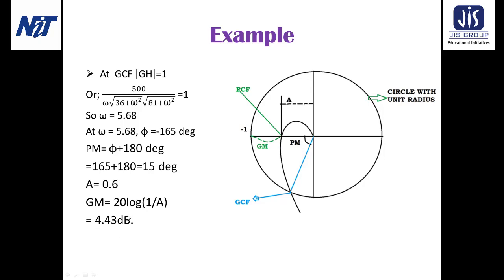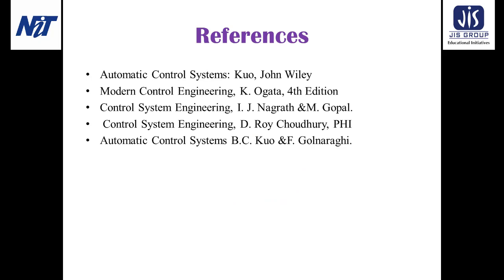In this way, we can easily find the phase margin and gain margin. And as the phase margin and gain margin are both positive, the system will be stable. In this way, we can find the stability of the system.